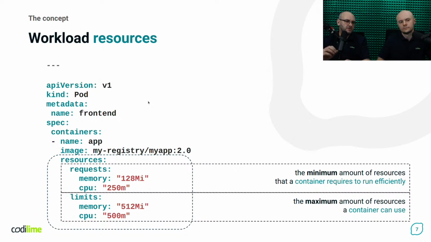But from the point of view of scheduling, the requests are important because Kubernetes aggregates the requests of the containers running in each cluster node and, based on that, is able to indicate the next worker nodes for the consecutive scheduling actions.